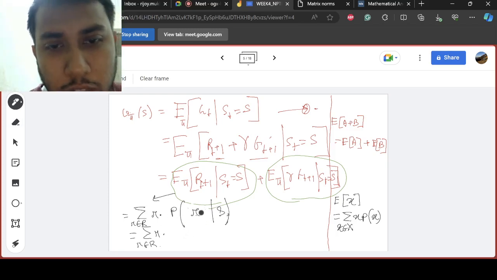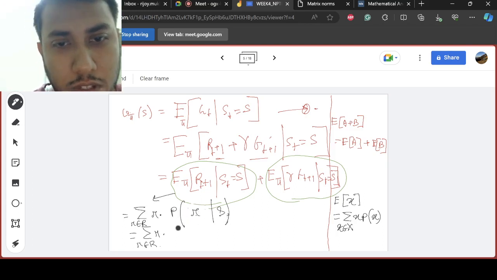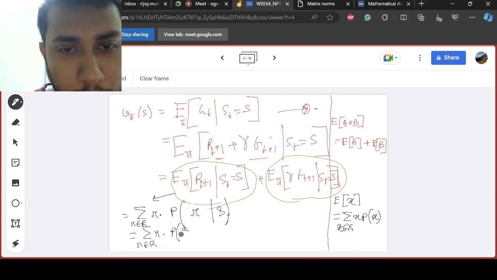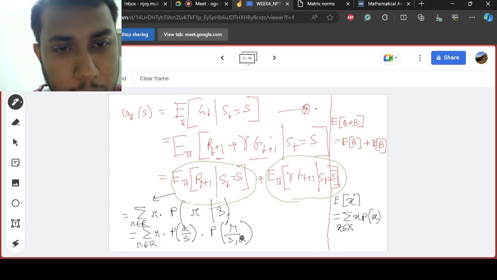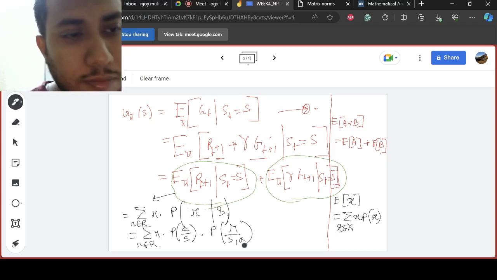This is saying: what is the probability that I get the reward at state s? So now we can write this as P of A comma S into P of R given S comma A.